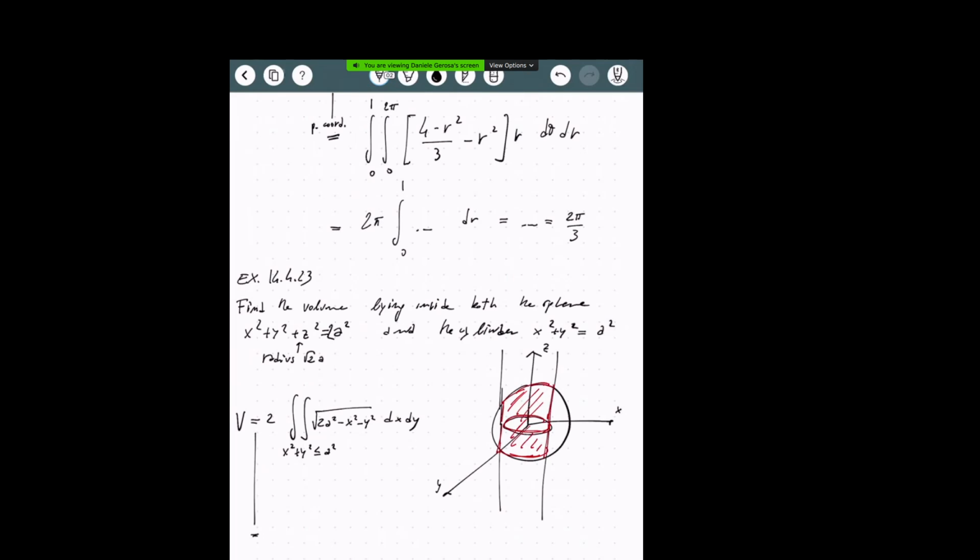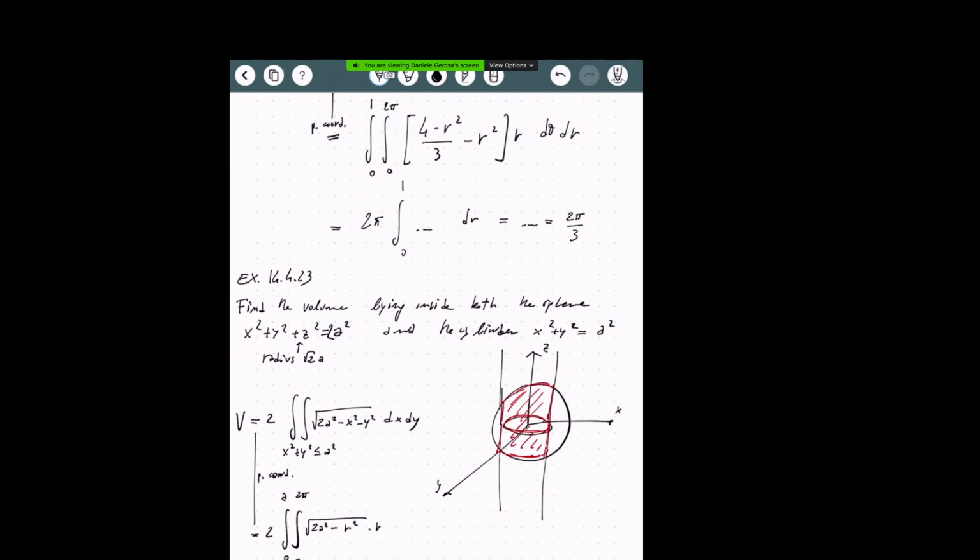So what do we get? We do polar coordinates. We have 2 times the integral from 0 to a, 0 to pi, of the square root of 2a squared minus the radius squared.